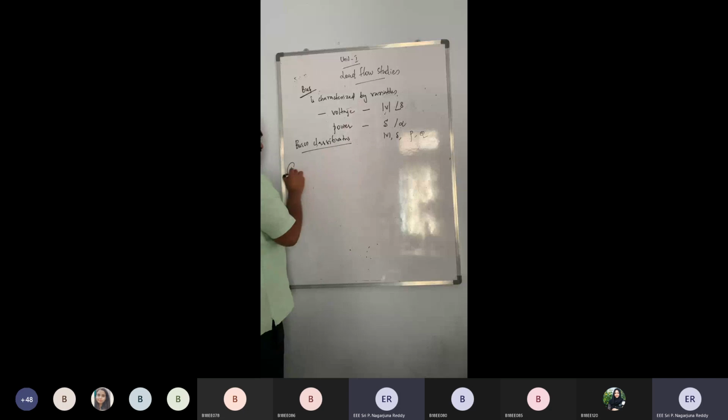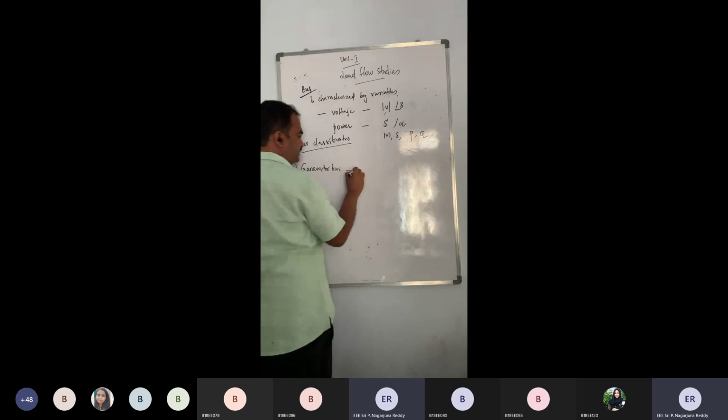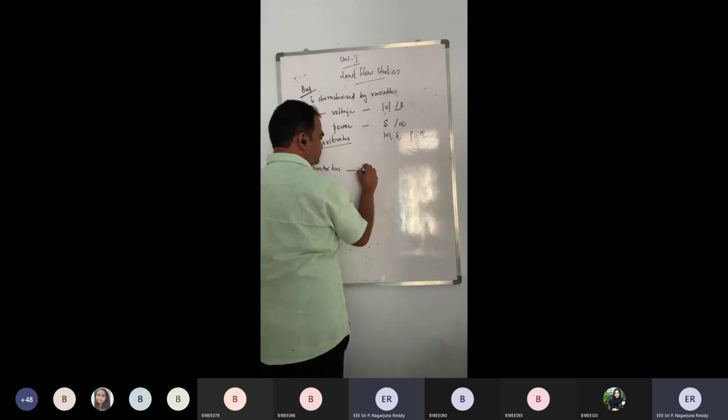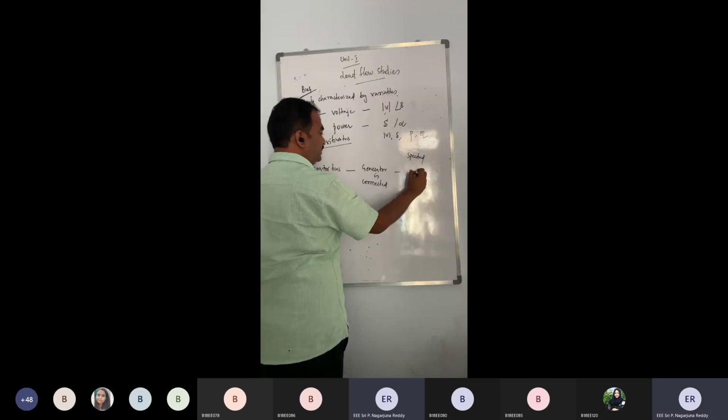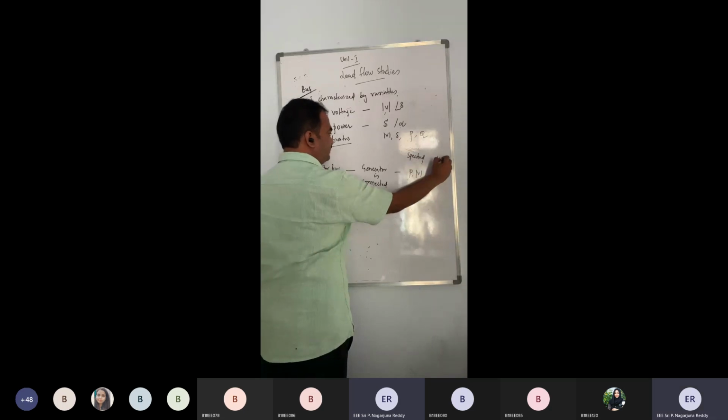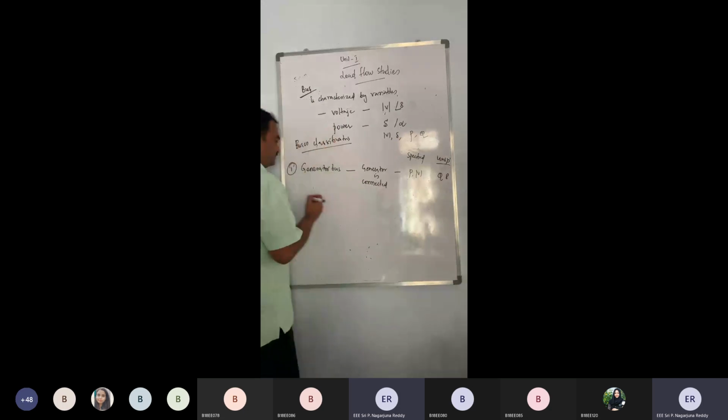The first one is the generator bus. How will you define a generator bus? A bus to which a generator is connected is called a generator bus. And what are the specified variables here? P and mod V. What are the unspecified variables here? Q and delta are not specified here.